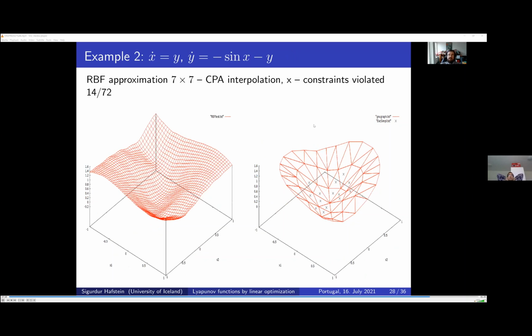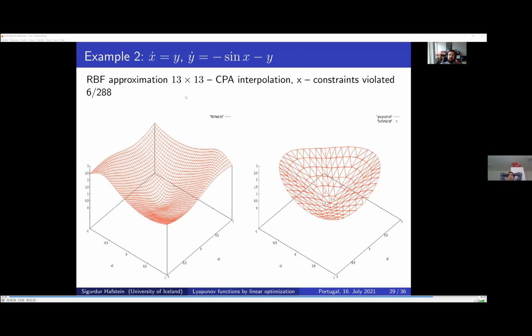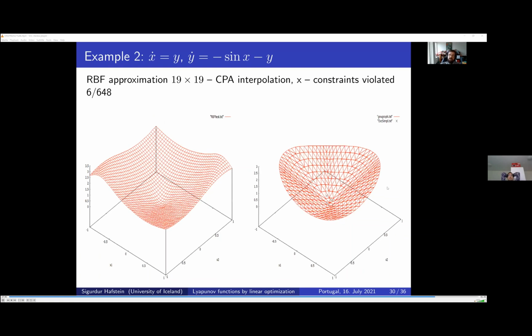Here is another system, again a very loose grid, few collocation points for the RBF method and large triangles for the CPA method, so it fails here in a lot of triangles. Then we use more collocation points and smaller triangles, and it fails much less, only here closer to the origin. And then we take even more triangles and more collocation points, and it fails even less.